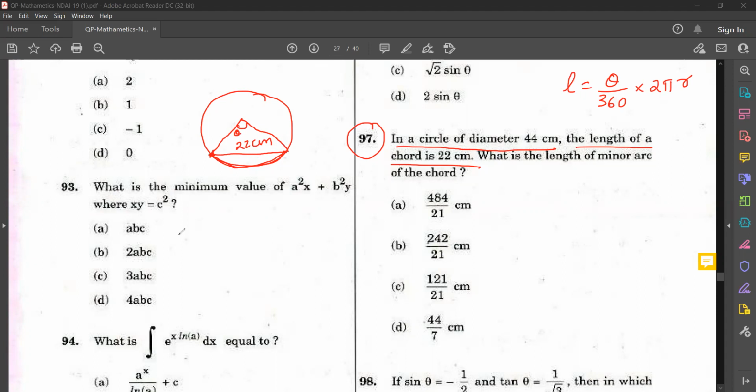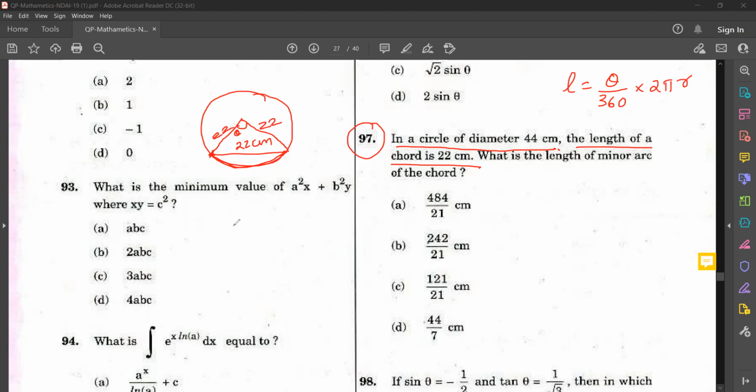Very easy, just think. Any idea? See, what is the diameter? 44. So what is the radius? Half of that, 22, isn't it? So here 22, here 22.